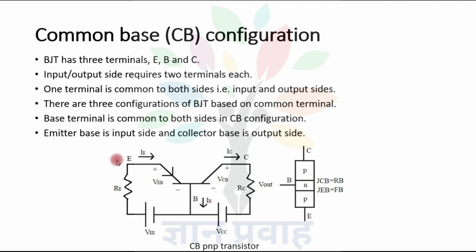Base is common to emitter as well as collector terminals, and biasing potentials are applied here in such a way that the junction between collector and base must be in reverse bias and the junction between emitter and base region must be in forward bias. That is the primary condition for operating this transistor for amplification purpose.